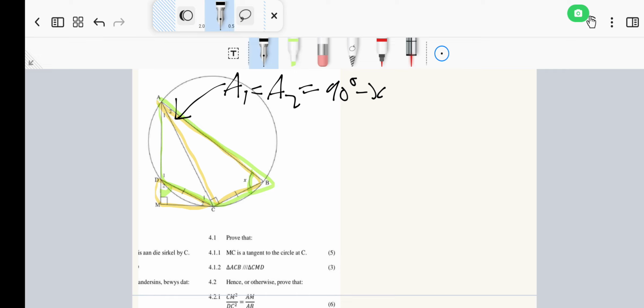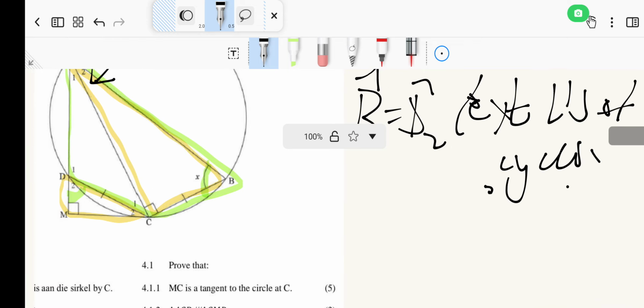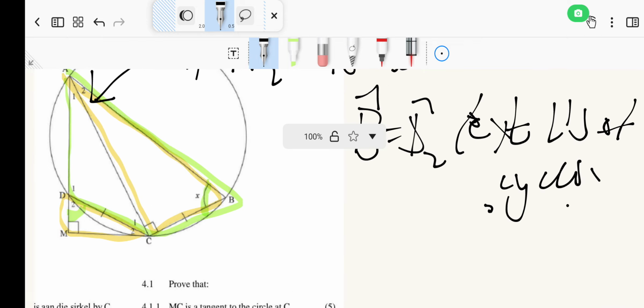Okay, so what have we just said? I said that angle B is equal to angle D2. How do I know this? Exterior angles of our cyclic quad. Exterior angles of our cyclic quad.